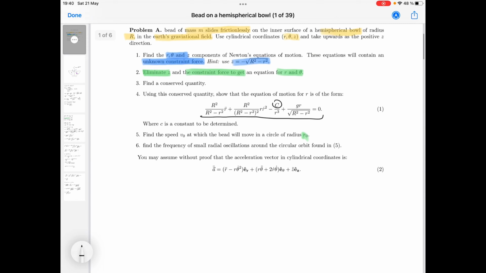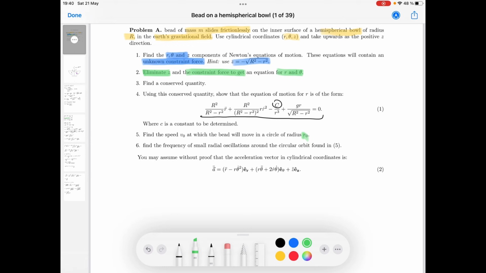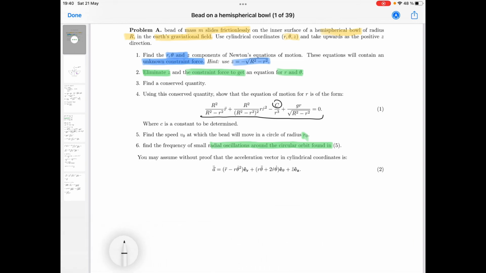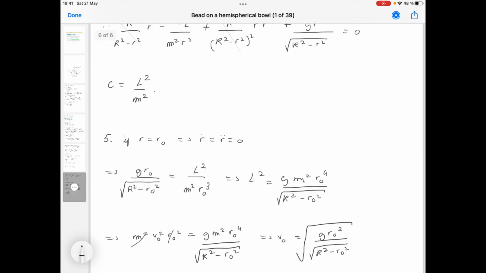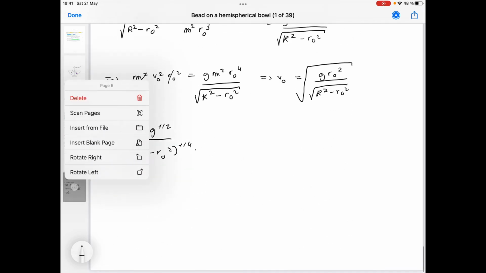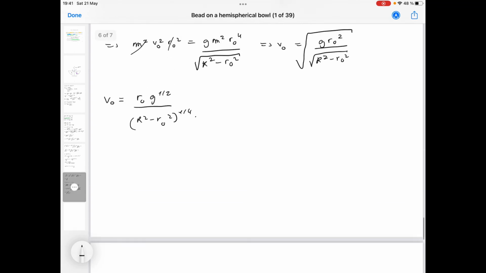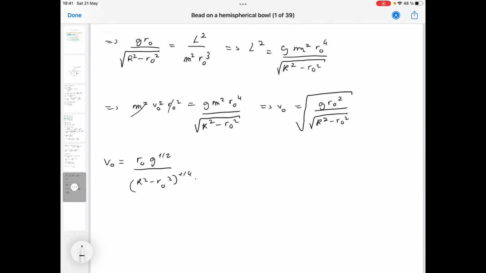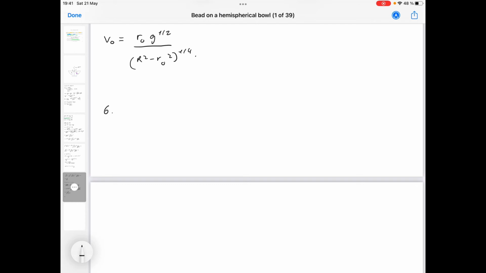So in the last question, we want to find the frequency of small radial oscillations around the circular orbit found in the previous question. So to find the frequency of small radial oscillations, what we want to do is essentially assume that our R is just going to be R naught plus epsilon, where epsilon is very small, right?